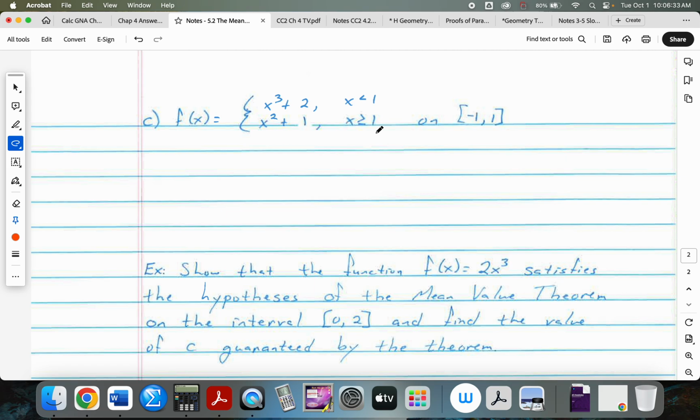Let me see if I stole this one and just didn't write it down correctly. Well, I don't see it in there.